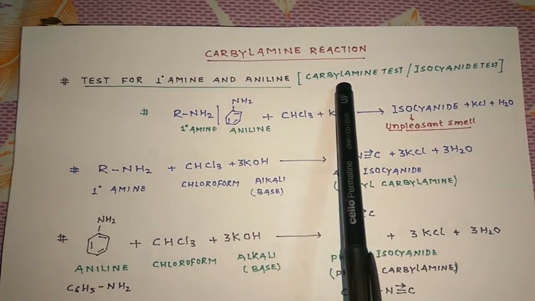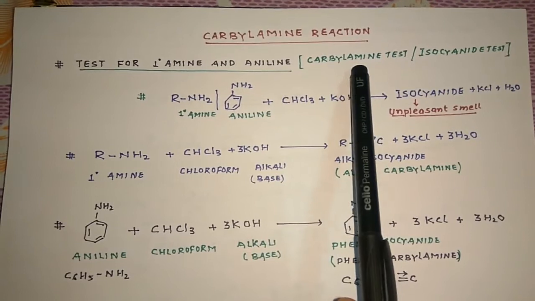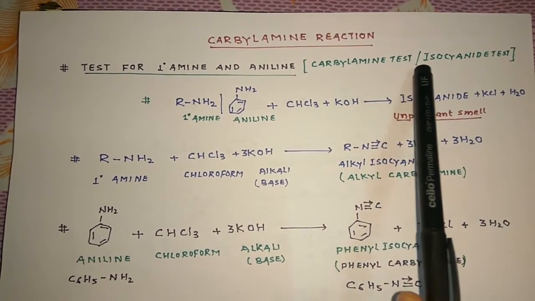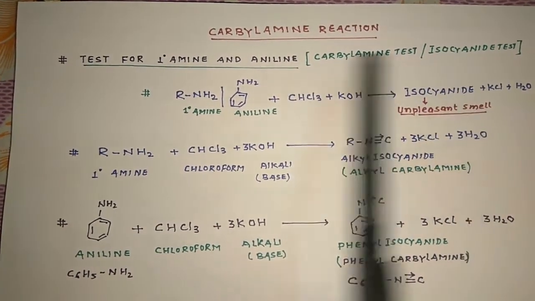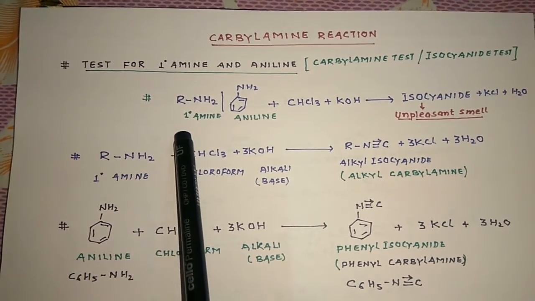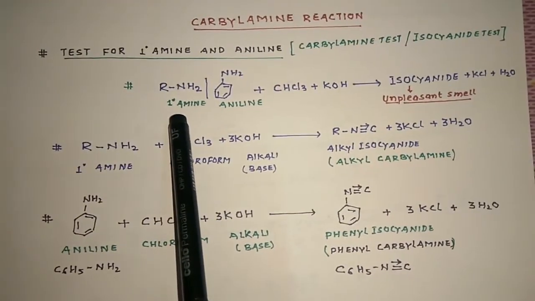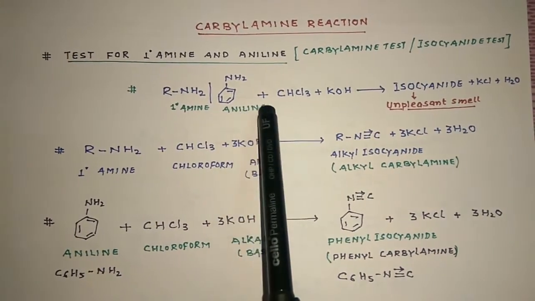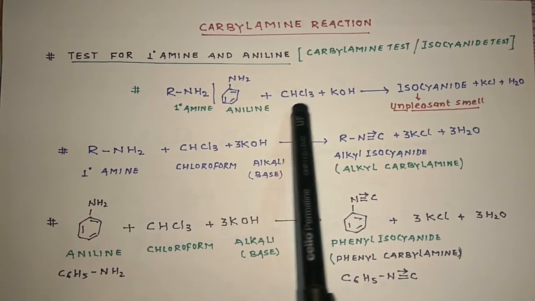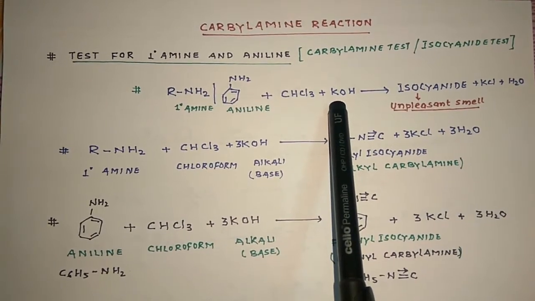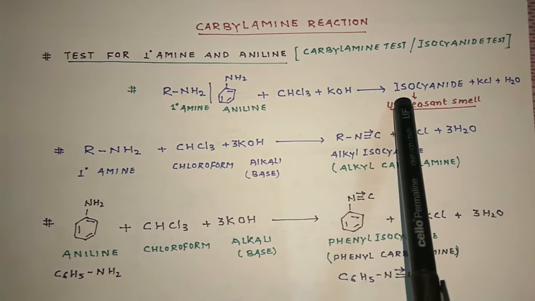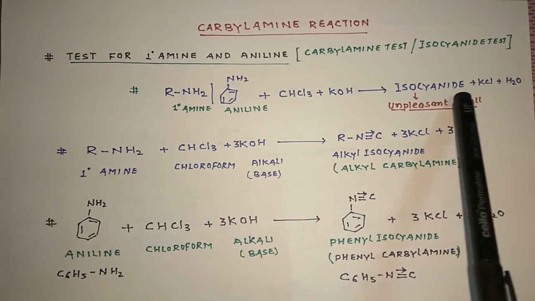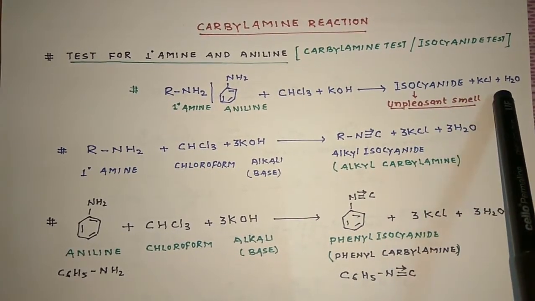This is also known as the carbylamine test or isocyanide test. In this reaction, primary amine or aniline reacts with chloroform and alkali like KOH and gives isocyanide, KCl, and water.